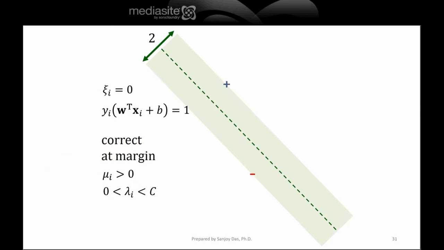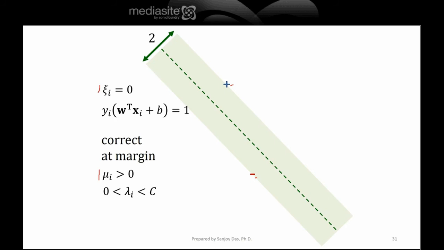Now these points shown here are exactly on the margin and on the correct side. So they have no errors associated with them. Still, zeta I is equal to 0, and from complementary slackness, mu I has to be strictly greater than 0, the Lagrange multipliers.